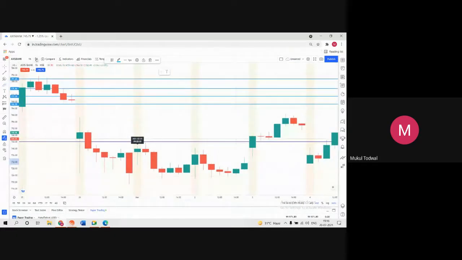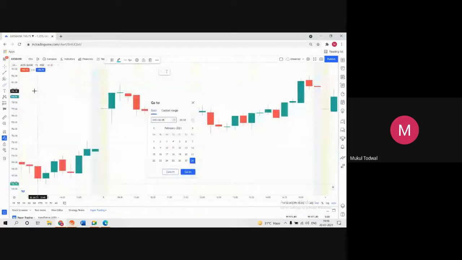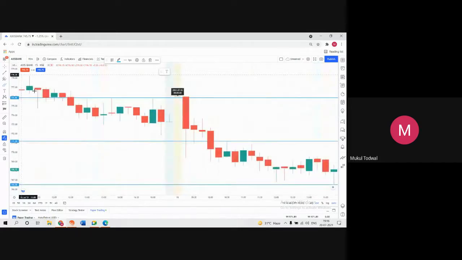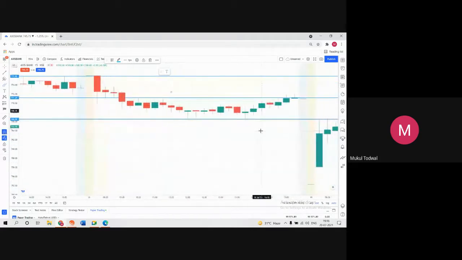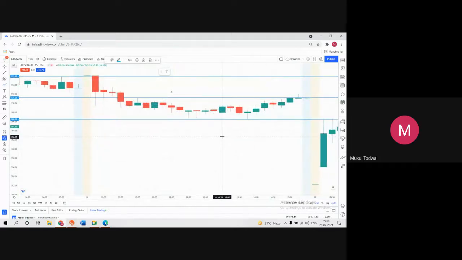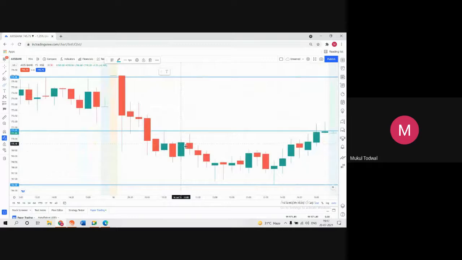Let me change the time frame to 15 minutes chart. Okay, guys. See, this is a 15-minute chart of Axis Bank. The stock is in a downward trend.